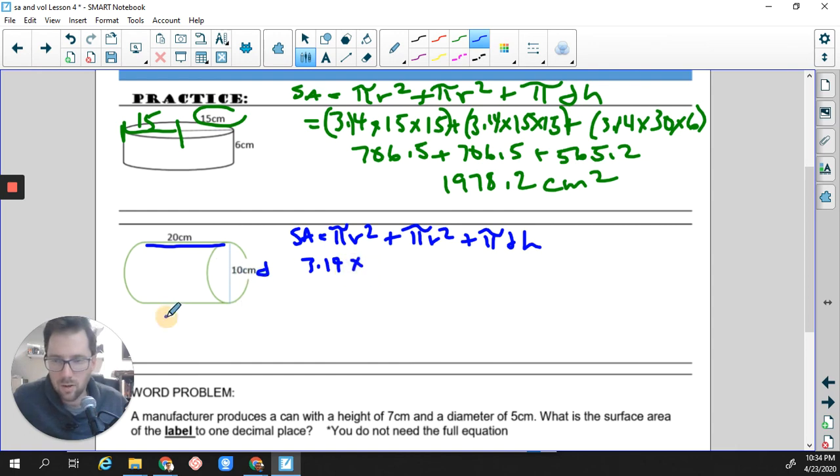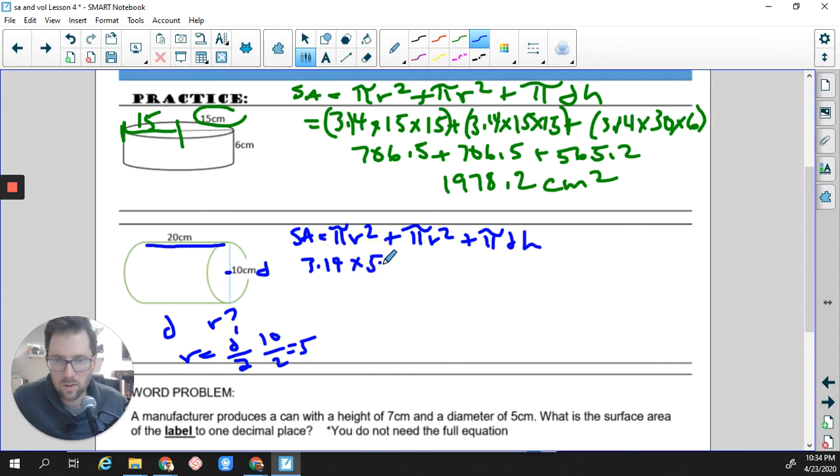Oh man, if we know the diameter, okay, but we don't know the radius. Remember, our diameter is all the way across, we just divide that by 2. So radius is diameter divided by 2. So 10 divided by 2 equals 5.